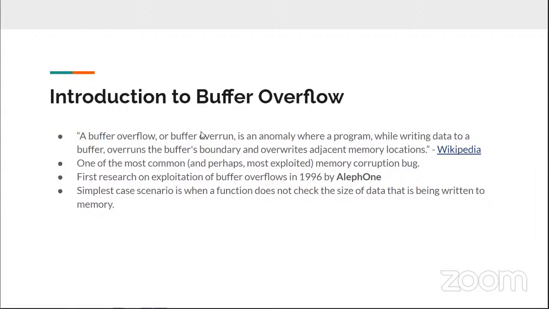The first research on exploitation of buffer overflows was published by Aleph One in 1996, and the title of the paper was, I think, Smashing the Stack for Fun and Profit. Okay, so with that covered, let's move ahead.